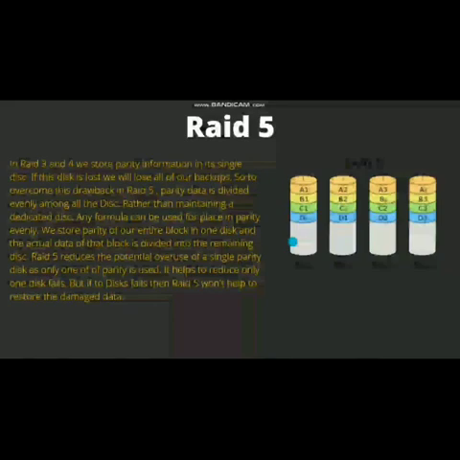We store the parity values of a block on one disk, and the actual data of the block is divided among the remaining disks. RAID 5 reduces the overhead of a single parity disk. It helps if only one disk fails, but if two or more disks fail, then RAID 5 won't help to restore the damaged data and all the data will be lost.